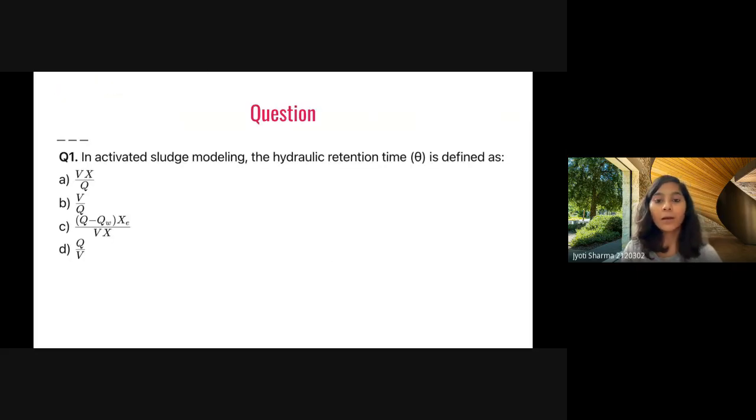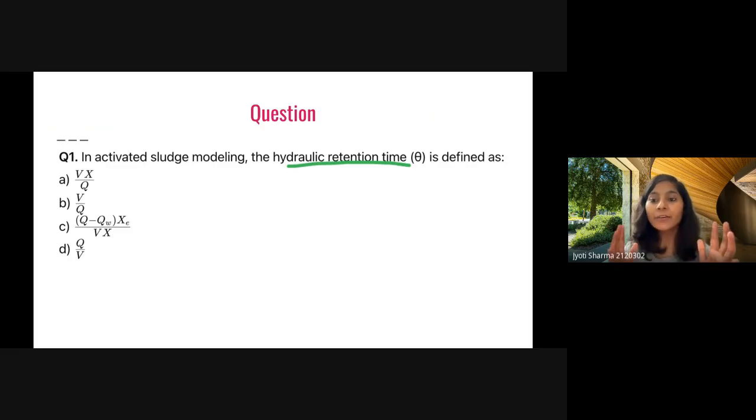Okay, so right now we are talking a little bit about the engineering or technical part in activated sludge. So we have one terminology that is known as the hydraulic retention time, and this is again important.